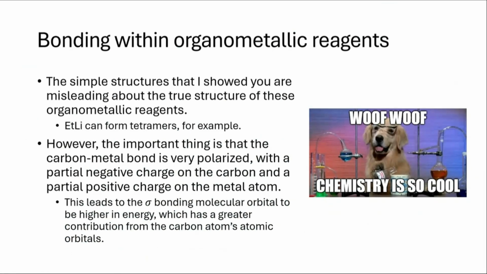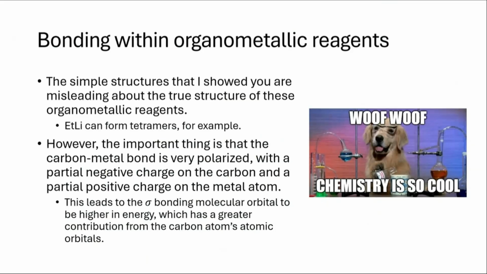But the important thing with bonding in organometallic reagents is that the carbon-metal bond is very polarized. The carbon will have a partial negative charge, and the metal will have a partial positive charge. And this, in the end, will lead to the sigma bonding molecular orbital being higher energy.